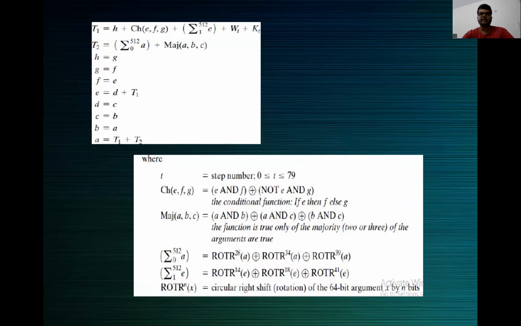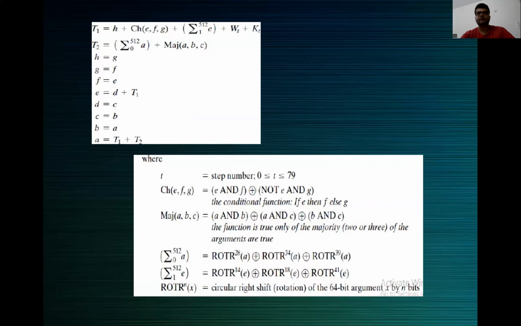So if E, then F, else G. MAJ bracket open A comma B comma C bracket close equals bracket open A and B bracket close XOR bracket open A and C bracket close XOR bracket open B and C bracket close. The function is true only for the majority, that is, when 2 or 3 of the arguments are true.